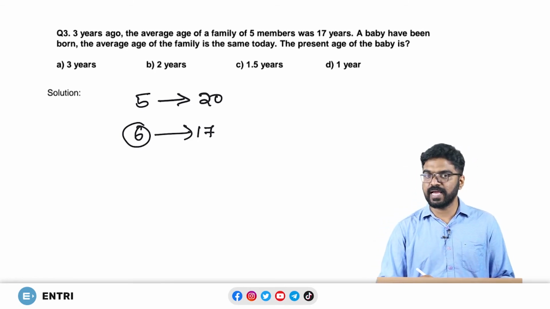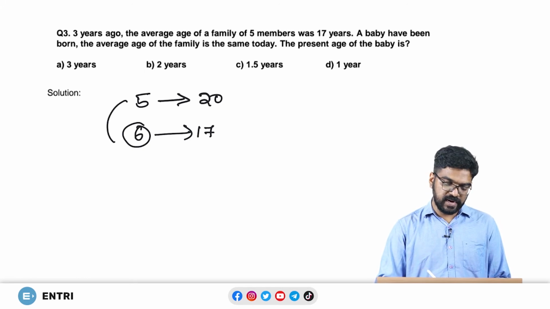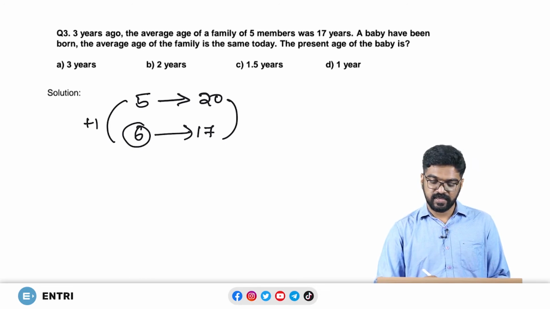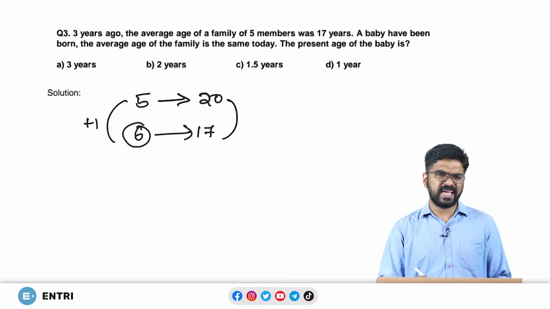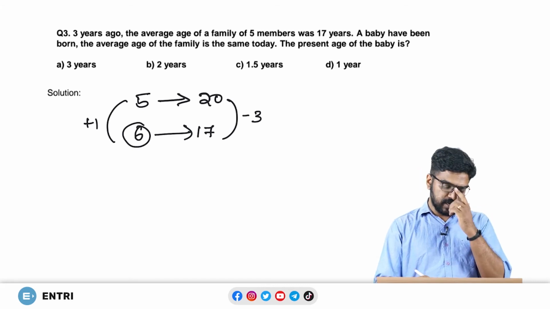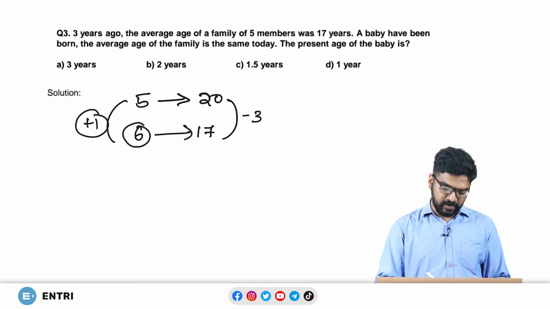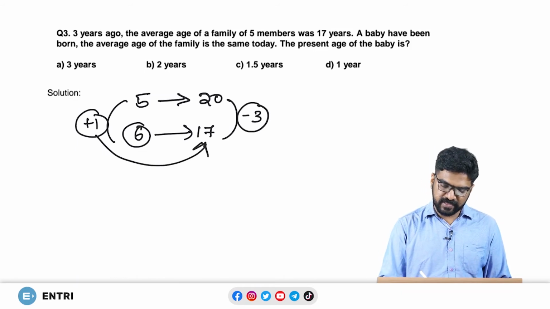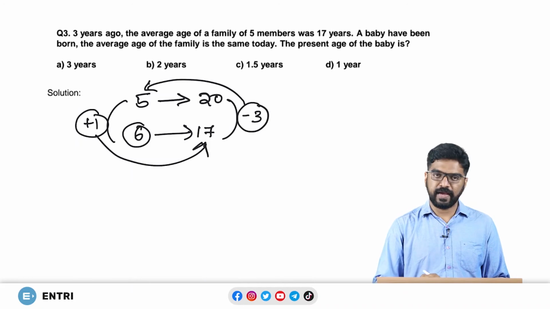So let us do the calculation by the method which I explained in earlier questions. Calculate the differences in these values over here. 5 became 6, so 1 person increased. Now 20 became 17. The average age actually decreased. So what will I do here? I will put a minus sign because there is a decrease here. Now multiply this value with the bottom right value and this value with the top left value.